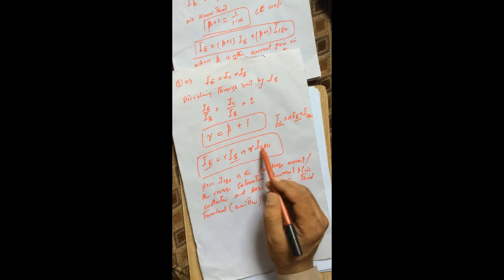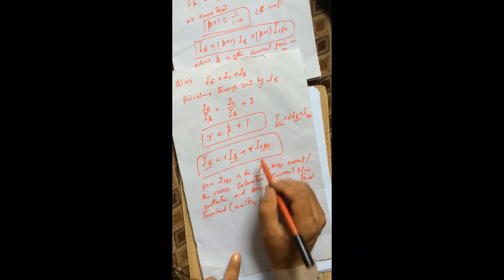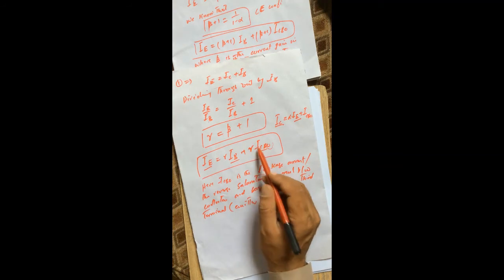This is the reverse saturation current between collector and base terminal, when the emitter is open.